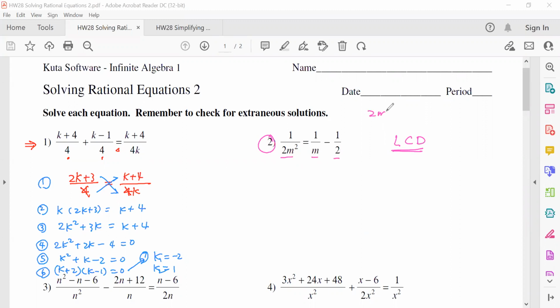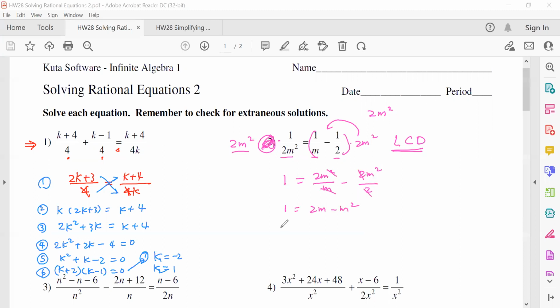So 2m squared is their least common denominator, which means we multiply both sides by the least common denominator. The left part gets 1. The right part we distribute inside, so it becomes 2m squared over m, 2m squared minus 2. So you get 2m here, and we cross this out.